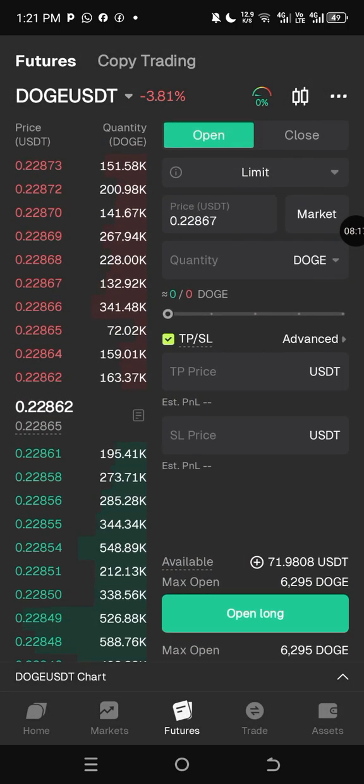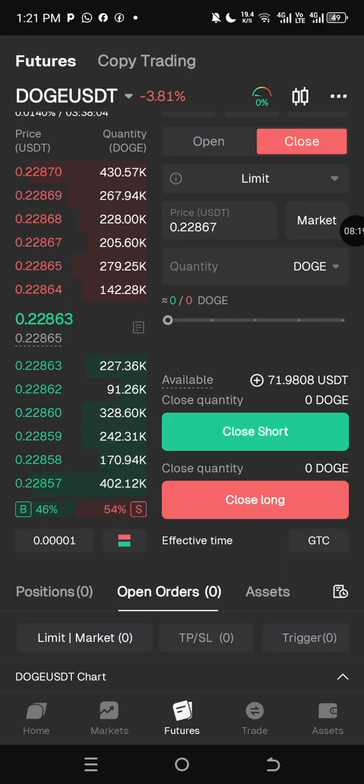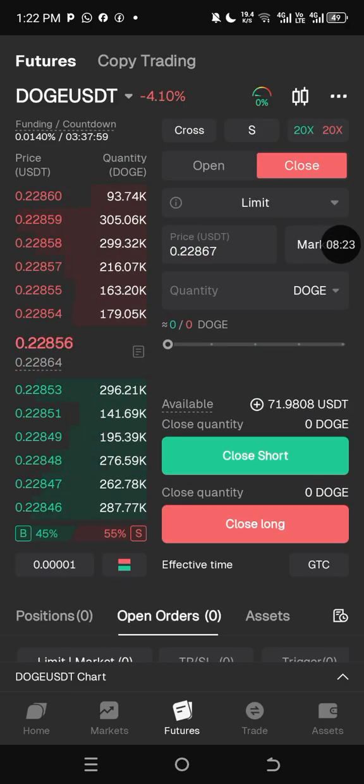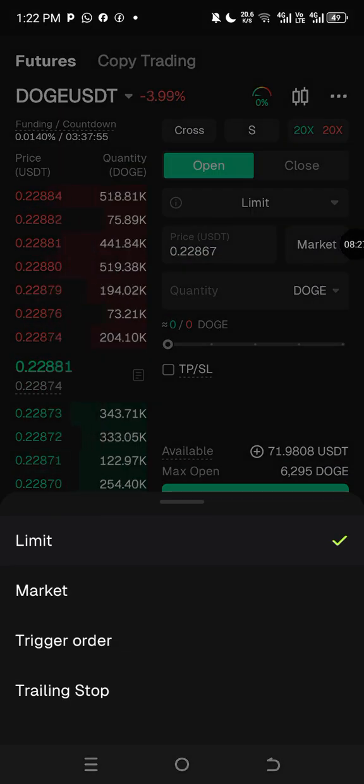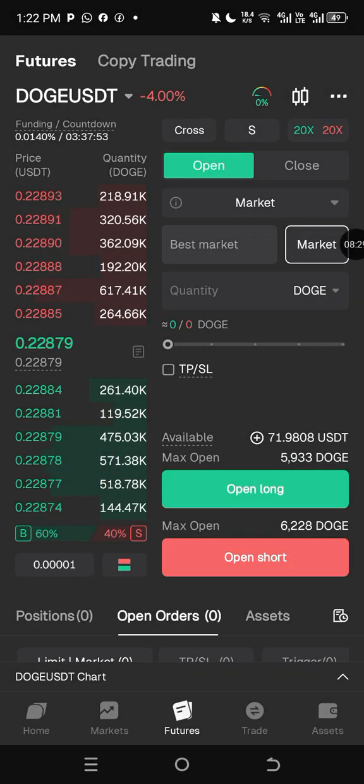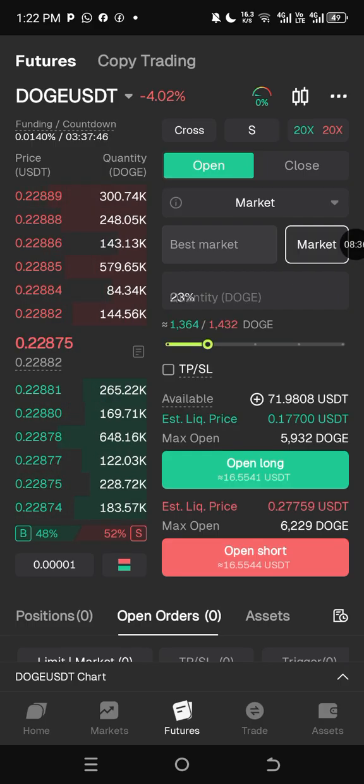Good. Now let's do the same thing for a sell position. All right, now this same Doge, we are now anticipating that price wants to fall. What do we do? Very clear and simple. This is what we are going to do.